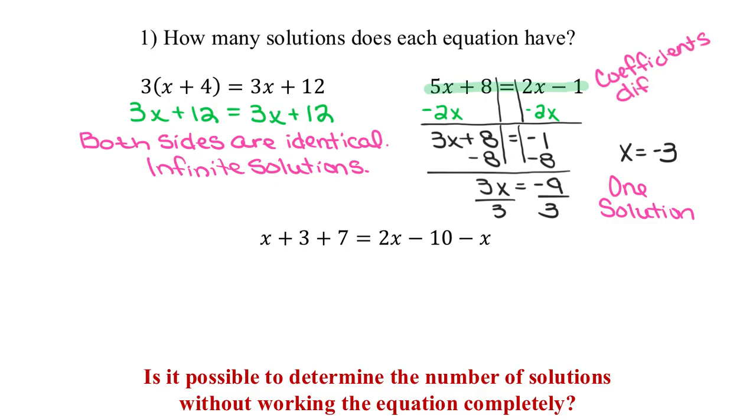What do I mean by coefficient? The number multiplying the variable. The thing multiplying the variable. If those are different right there, it's going to be one solution. Take it out one more step like Reed did. And now all of a sudden it looks like the problems we've been solving the past couple years.